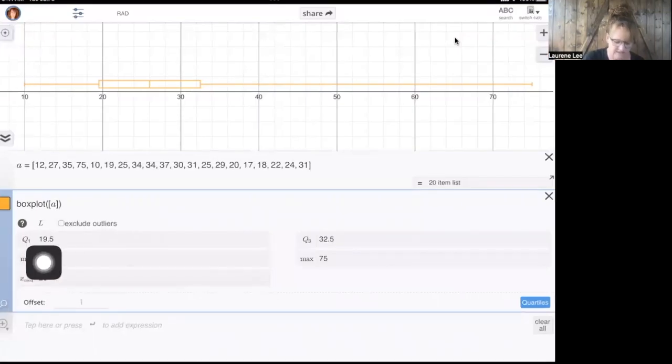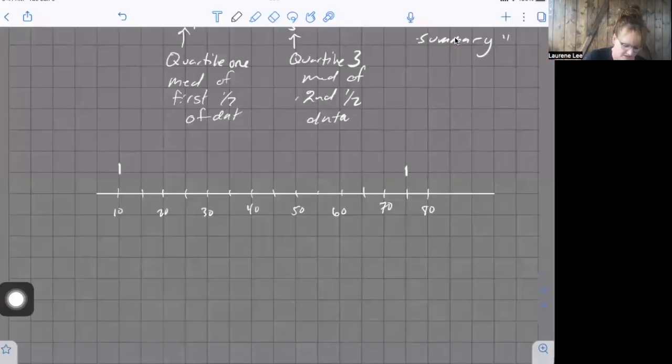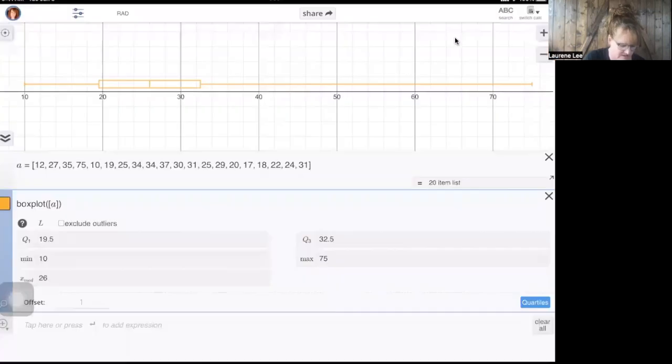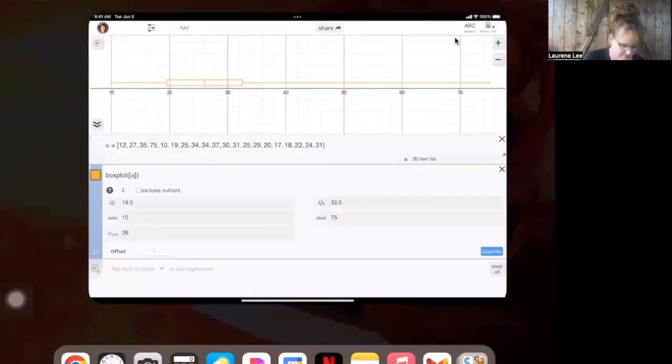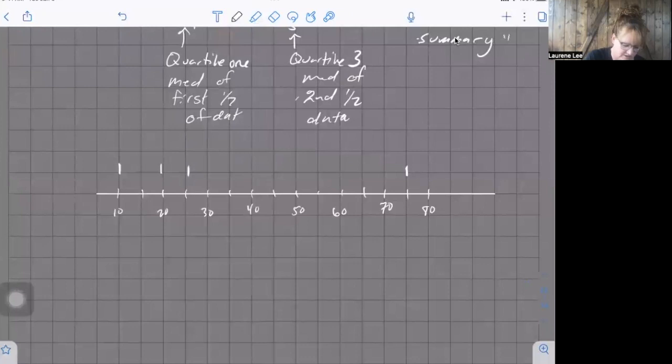Quartile 1 is 19.5, 26, and then 32.5. 19.5 here, 26 here, and 32.5, so roughly there, say. And those 3 values you form a box around. Okay, that's your box. And then you form lines out to your min and max. Those are your whiskers. So this is what a box and whisker plot looks like.